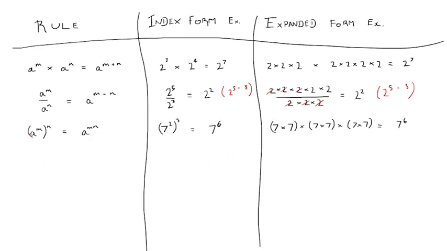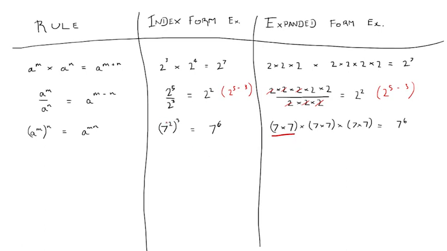Okay, this one is a to the power of m, to the power of n. So this is when you're layering up powers. And this doesn't necessarily make sense until you look at some numbers. 7 to the power of 2, I take whatever that is and I raise it to the power of 3. Again, it's really helpful to know what this actually looks like in practice. So 7 to the power of 2 is 7 times 7.